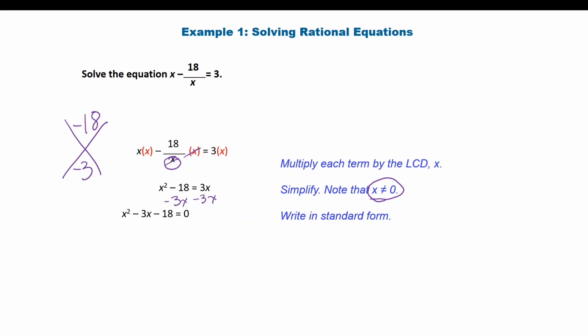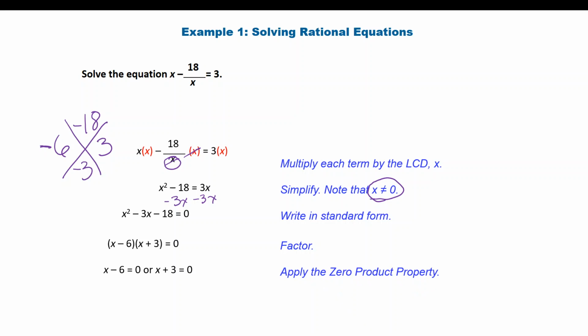I know that that is going to be 6 times 3, but I'm going to put my negative on the 6. So the factored form is x minus 6 times x plus 3 equals 0. Next, I apply the zero product property: x minus 6 is equal to 0 or x plus 3 is equal to 0. Then I just solve for x, so x is either going to equal 6 or x will equal negative 3.